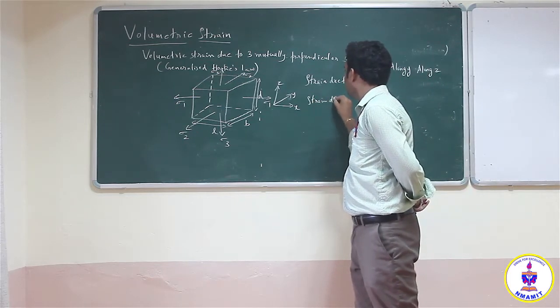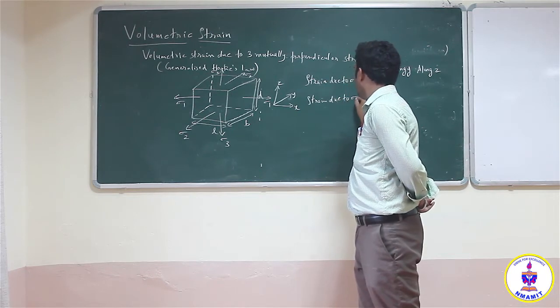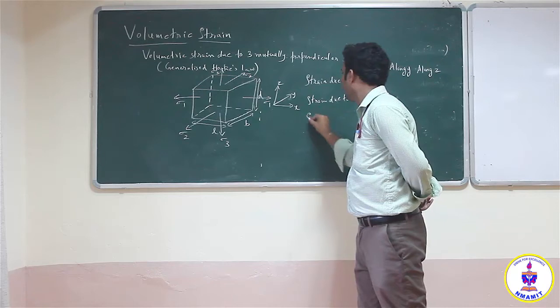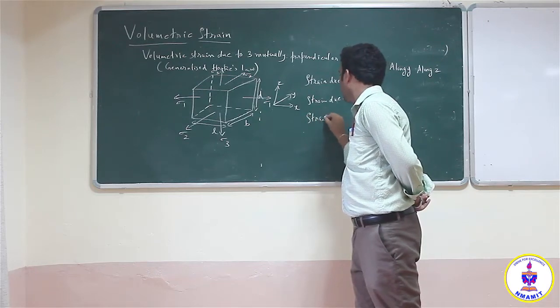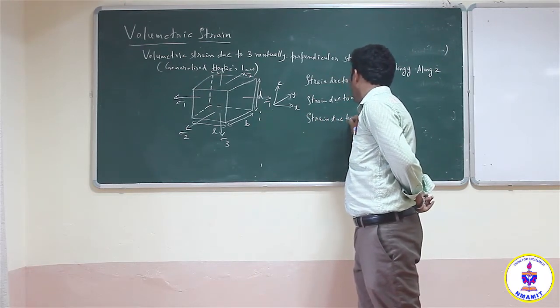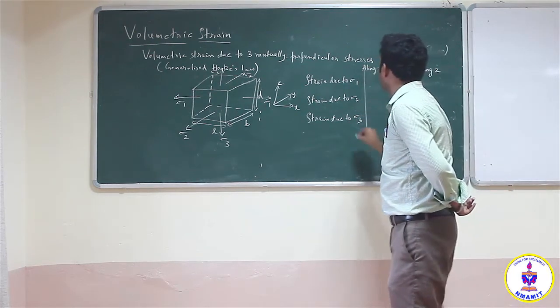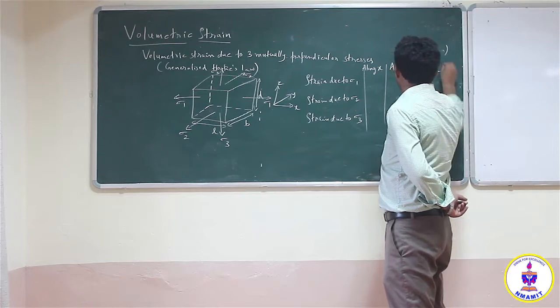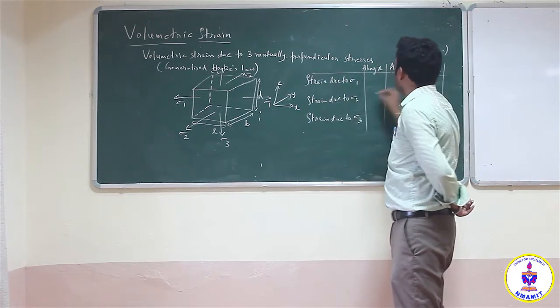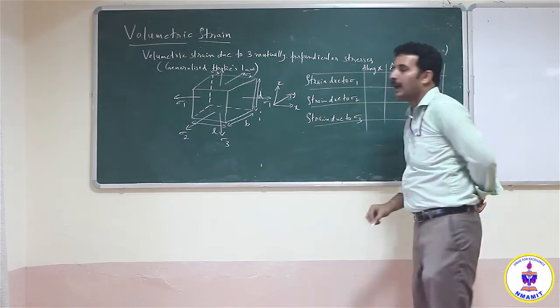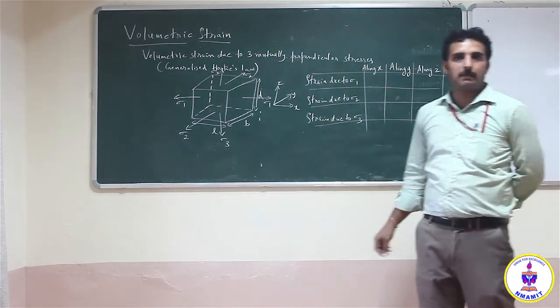Strain due to sigma 2 along x, along y, along z. Strain due to sigma 3 along x, along y and along z. So we have to write down the components of the strain which are acting along its axis and perpendicular to the axis.